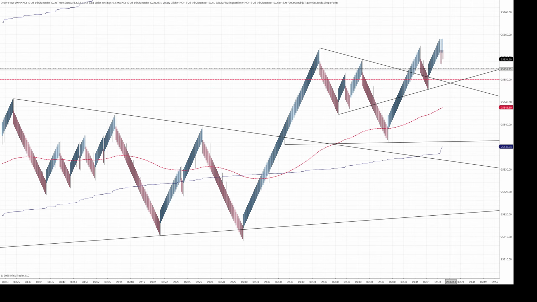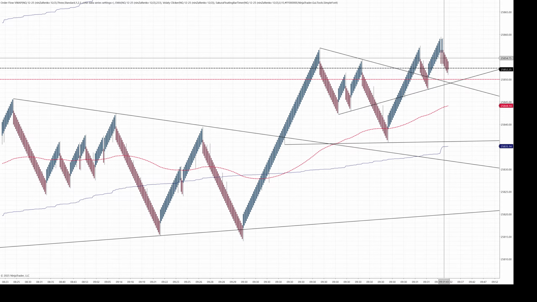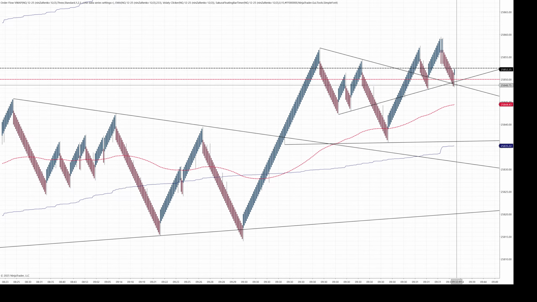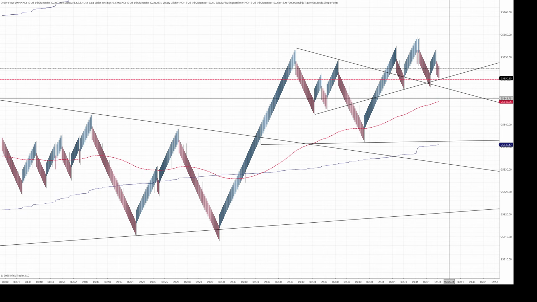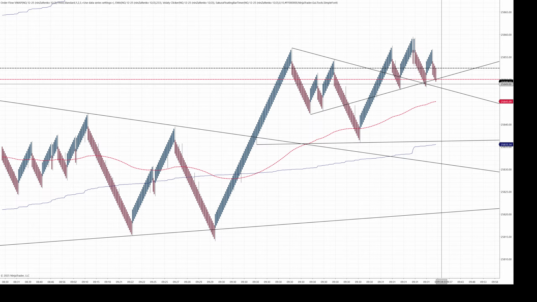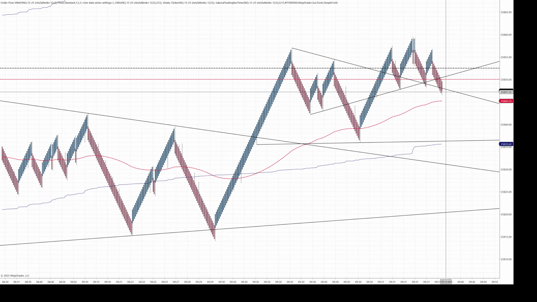I have it automatically move to break even after it hits 5 points because I don't want to give up that run right there. You see how it pulled back on me? I could have potentially re-entered it right here, but it looks like it wants to come down, so I'm not going to do it.